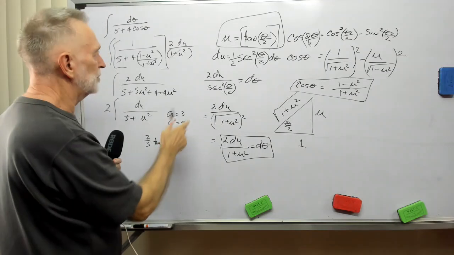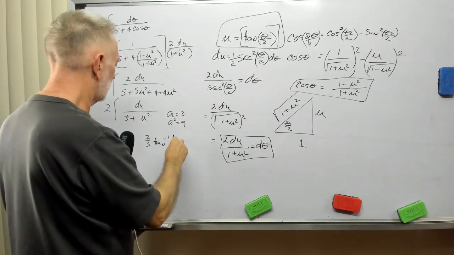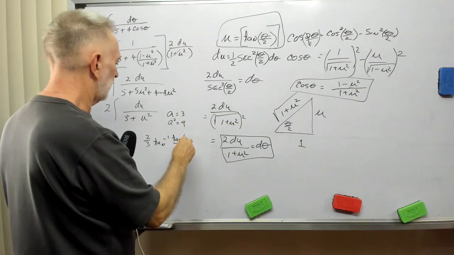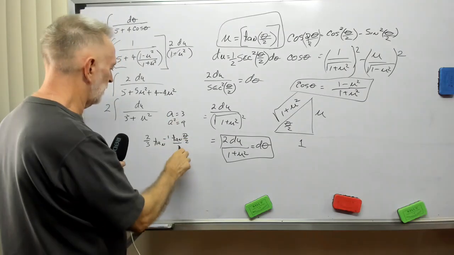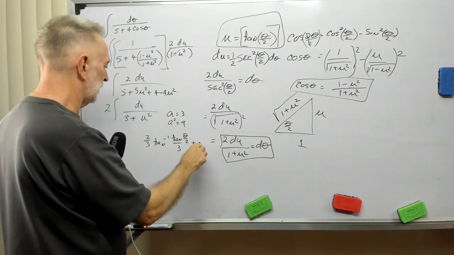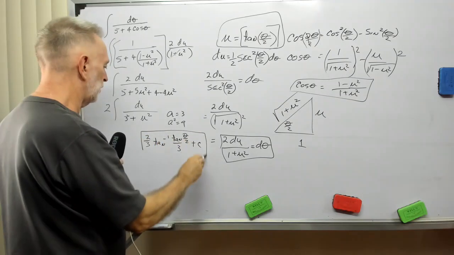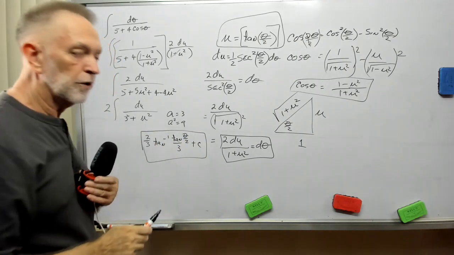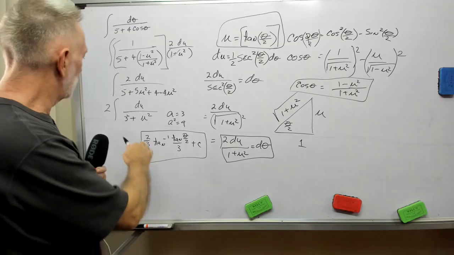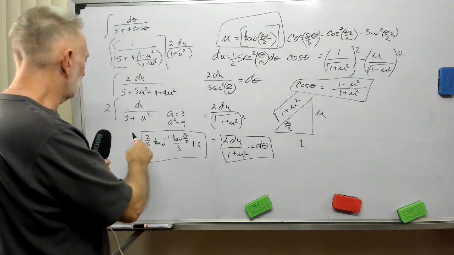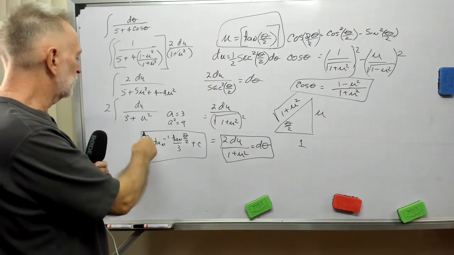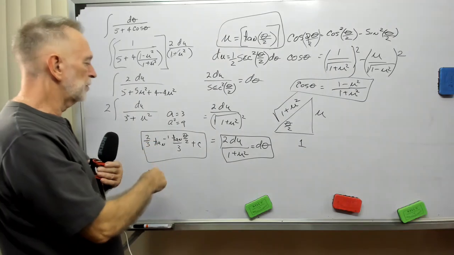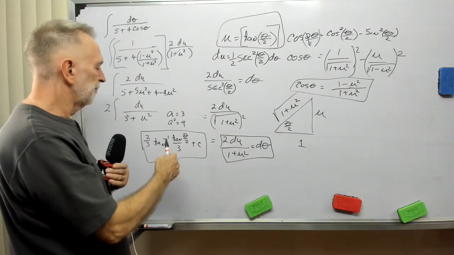U is tangent theta over 2, and it's over a, and a is 3, plus C. That's what your teacher would want you to remember, that if I have the integral of du over a squared plus u squared, it's 1 over a tangent inverse of u over a.